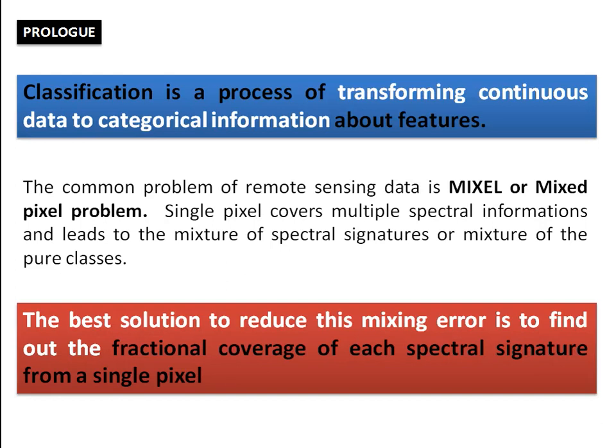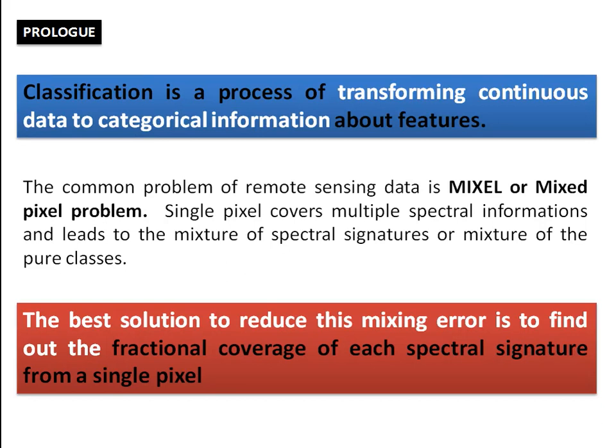Then you can say that within that pixel there are 70% vegetative cover and 30% bare soil, and this percentage of coverage is called the fractional coverage. So this kind of fractional coverage identification can reduce the mixed pixel problem and the spectral mixture within a single pixel.